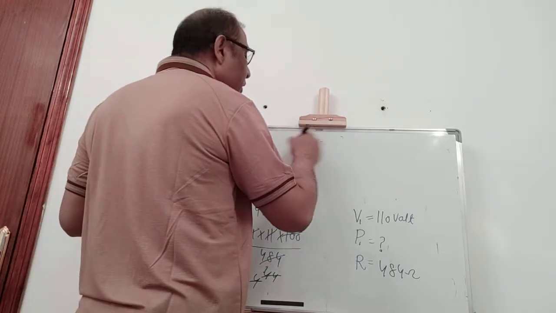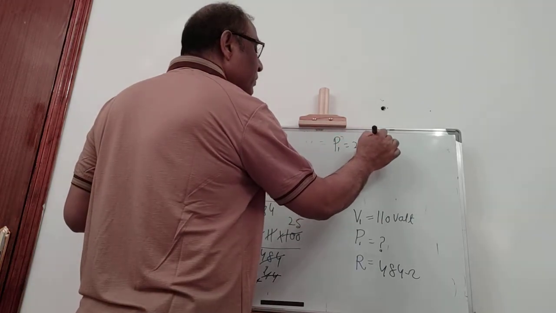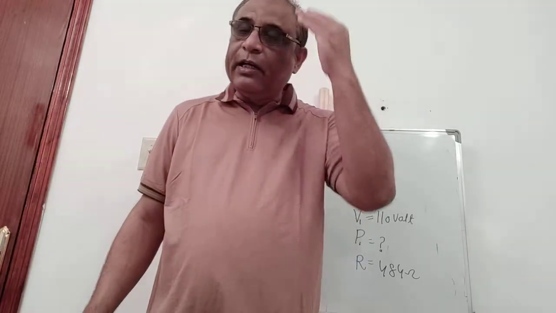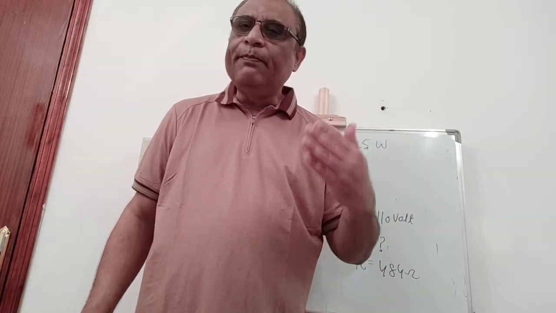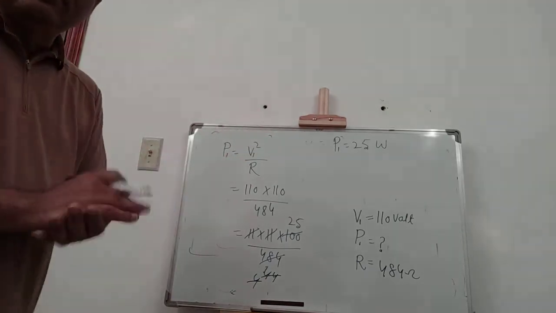It means new power is equal to 25 watt. What we see here: when voltage drops by 50%, then power drops by more than that. Here power becomes 25.